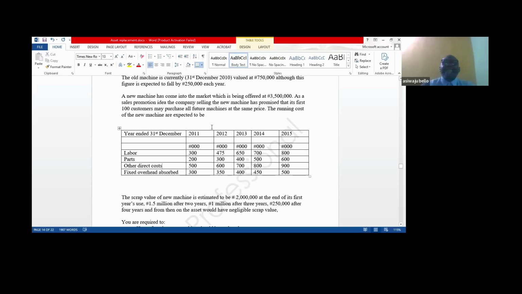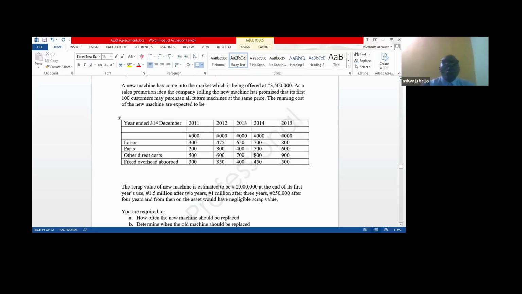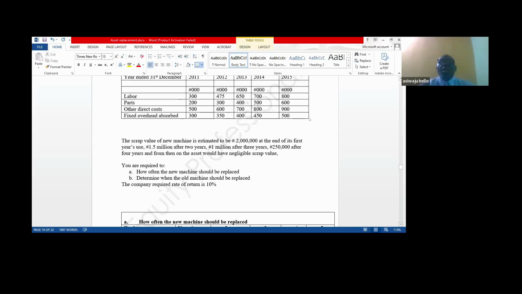Other direct costs. Direct costs are those costs that can be traced to the new machine. Other direct cost is relevant. Fixed overhead absorbed is not relevant. So you are going to pick labor cost, parts cost, and other direct costs. That will represent the relevant cost of the new machine.